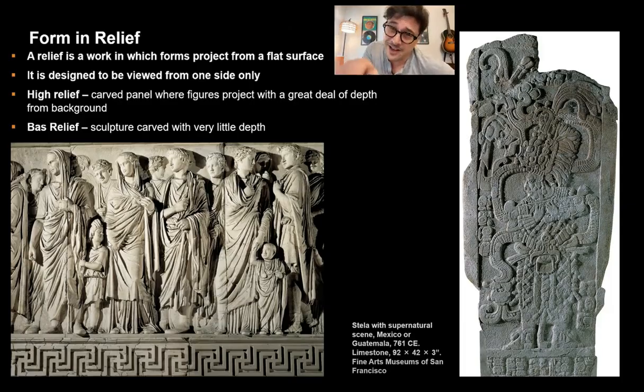Now, the caveat to remember is that the Romans here are not that far out of the background, maybe an inch, right? But that's still a considerable amount of depth.